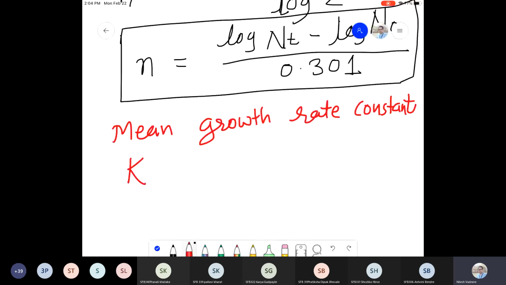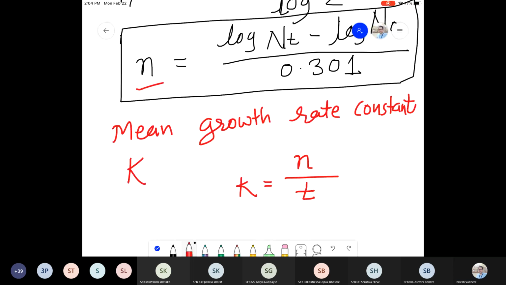This is actually the number of generations per unit time. This k is nothing but the number of generations. How do we denote the number of generations? By this n, number of generations divided by t. t is the time.